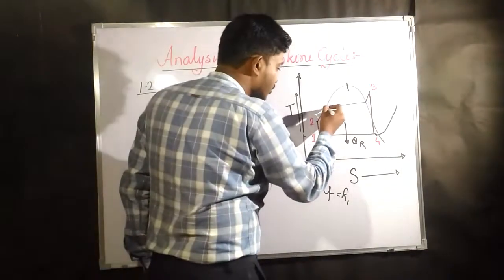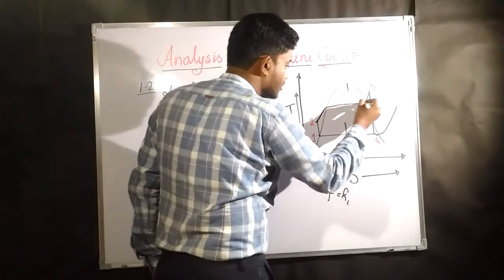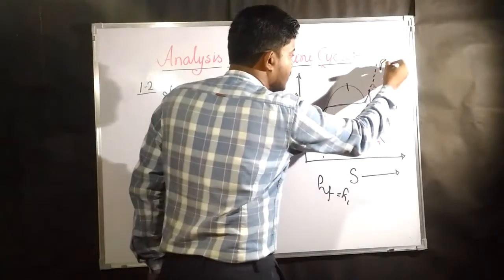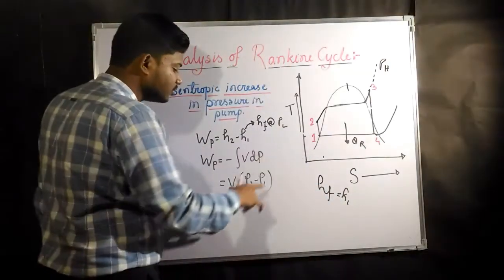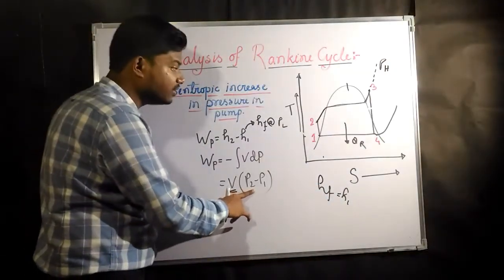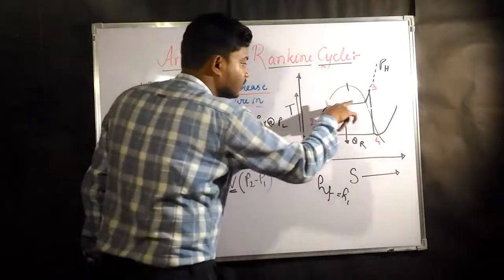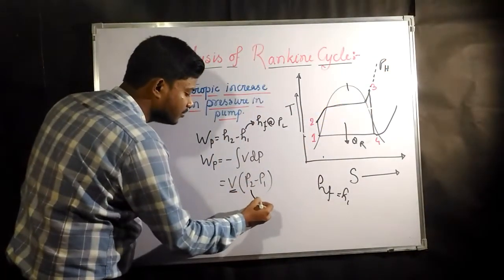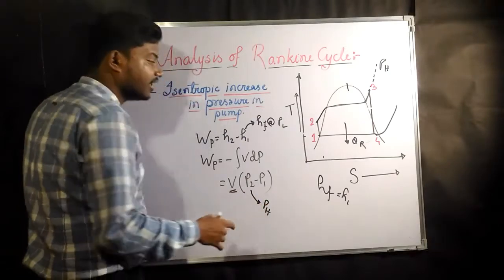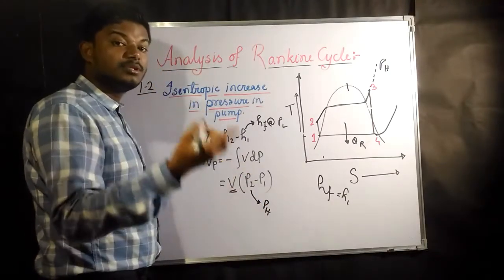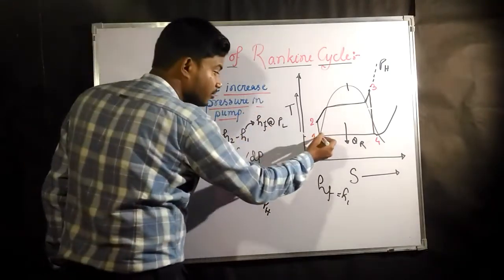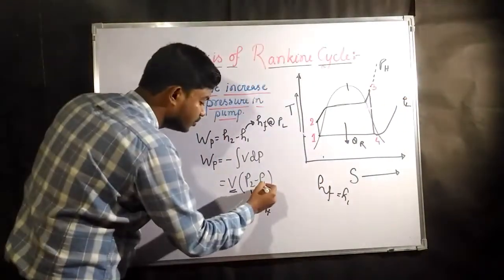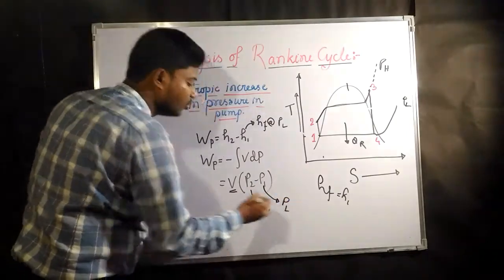Pressure at point 2 means this is a constant pressure line with the help of the vapor dome, so P2 is nothing but P high. And from which pressure did it start the compression? From the pressure at point 1, so this is P low, the low pressure.